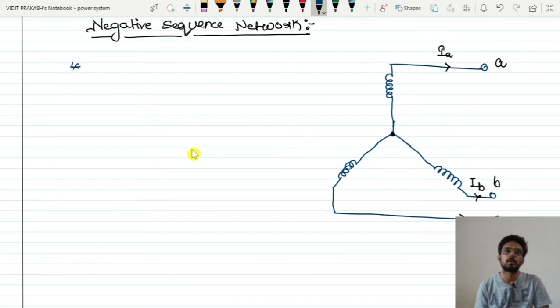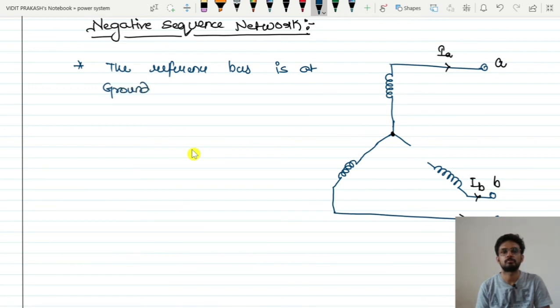First, the reference bus is at ground potential, which is the same as neutral potential.